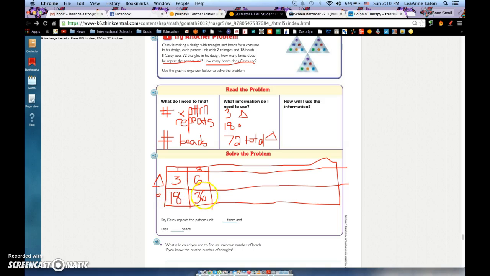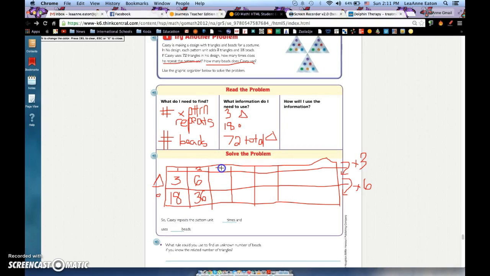Is 18 plus 18 36? Yes. So to get from units to triangles, we are multiplying by 3, and to get from triangles to beads, we are multiplying by 6. Okay, does this make sense? And so we could continue this pattern all the way down.